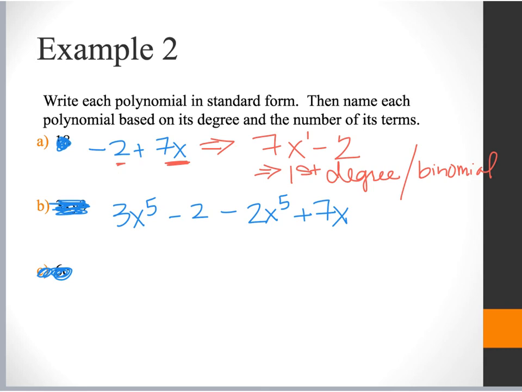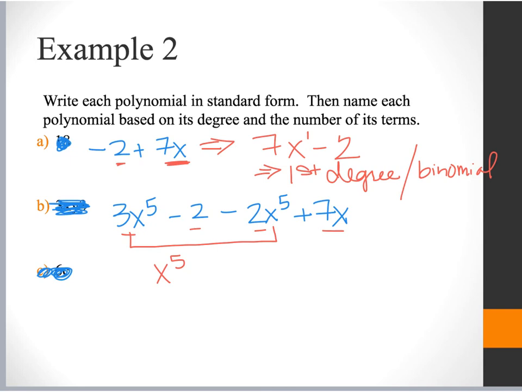For part B, I can see that we have 1, 2, 3, 4 terms, but right away, I notice that I have two terms that have the same exponents. So I'm going to simplify those. 3x minus 2x really is going to give me an x to the fifth, because 3 minus 2 is 1, so I get 1x to the fifth.